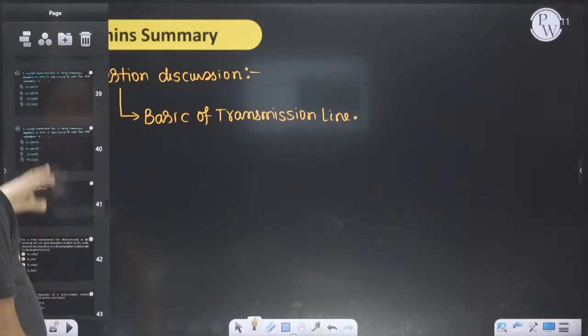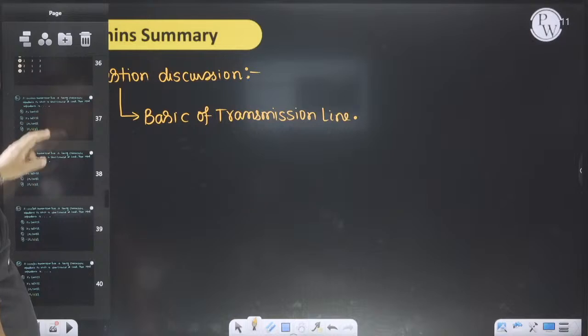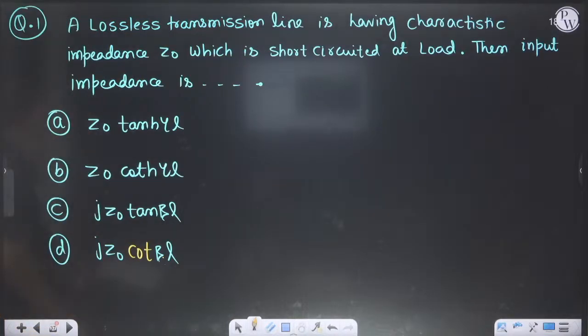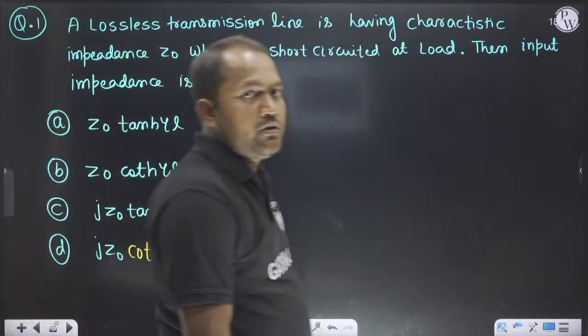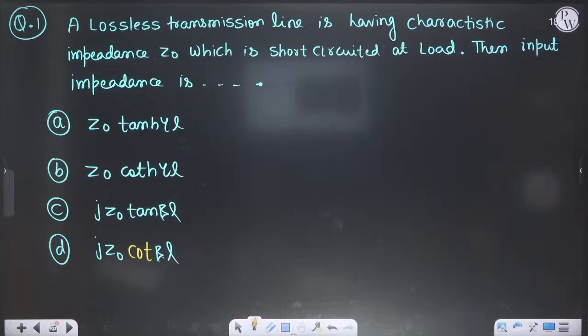You can pause the video and solve this question. I will go through the question one time so that you can solve it first and then come back. I will do this question slowly so that you can read it perfectly.